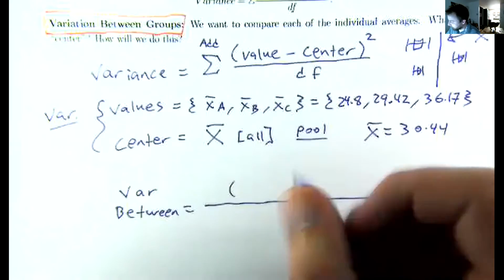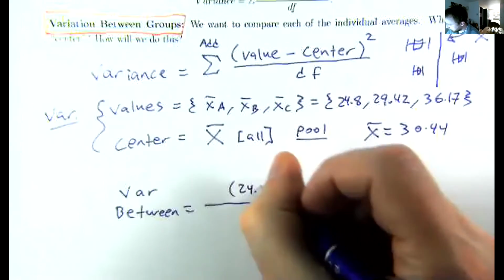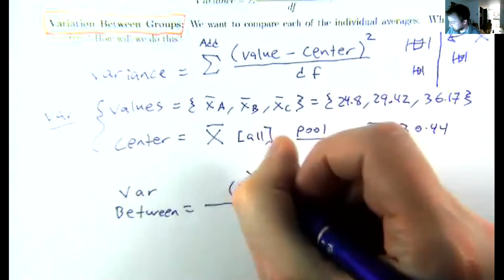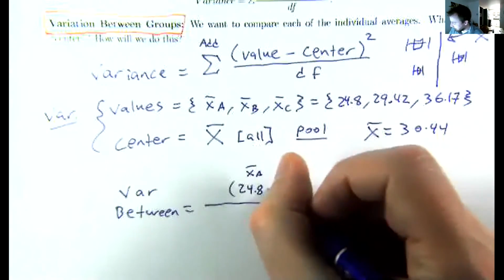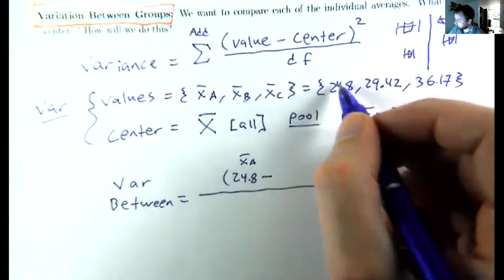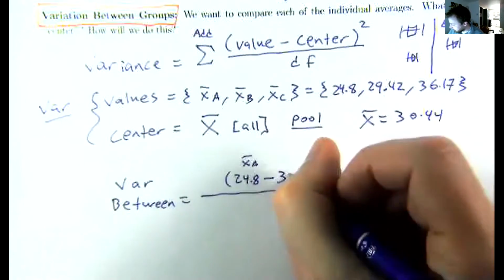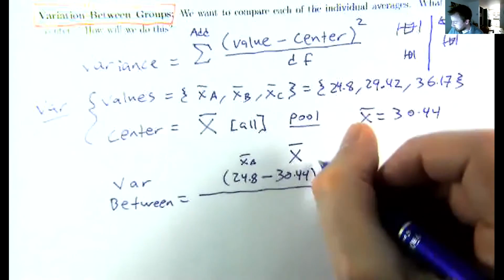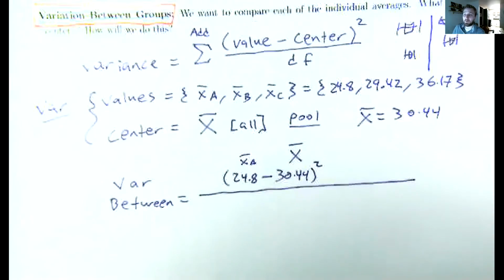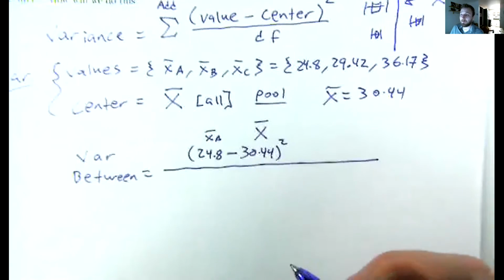I'm going to take the first value, 24.8. That's my X bar A. And I'm going to take the first value minus the center of all of those things, 30.44. And I'm going to square this already because I saw a negative show up and I don't want to end up getting 0.